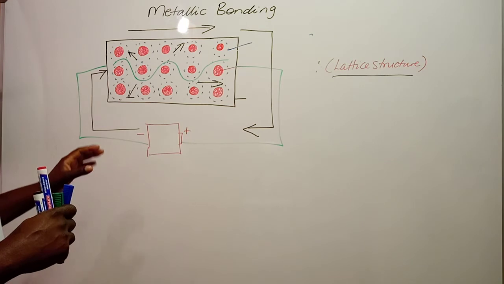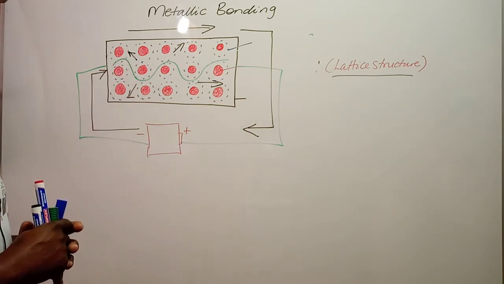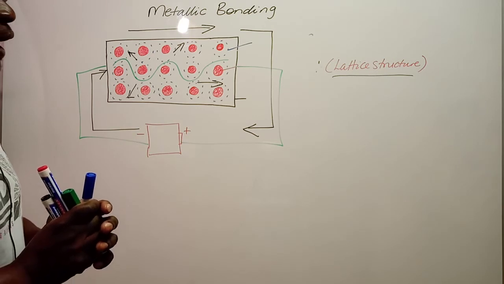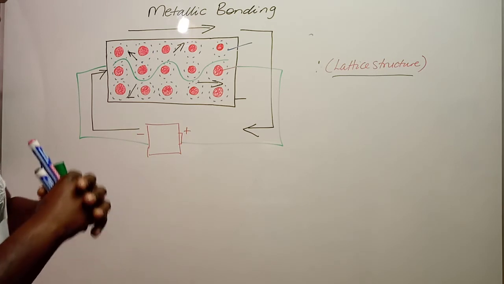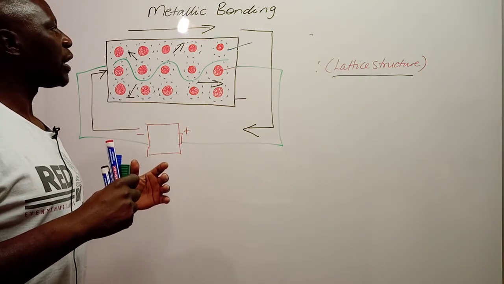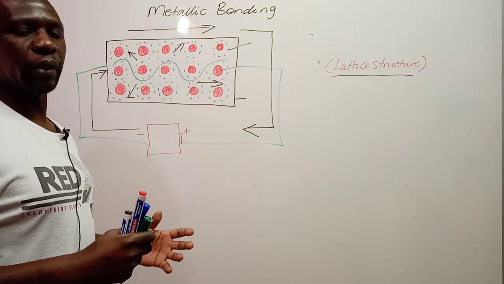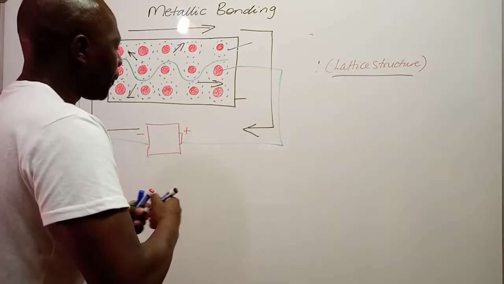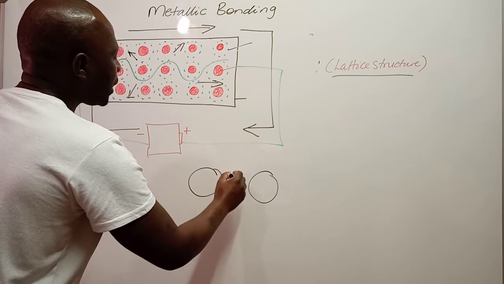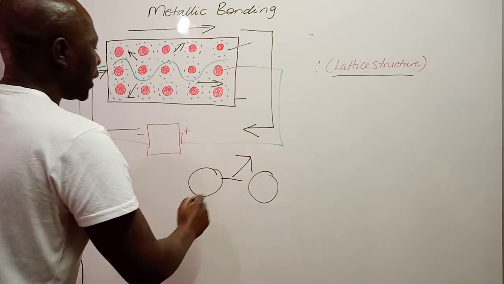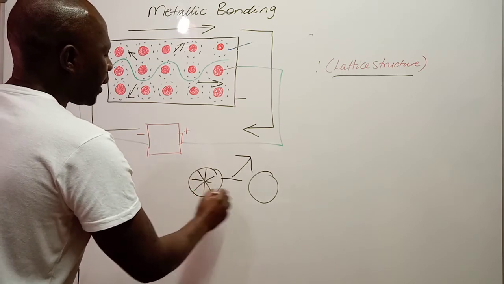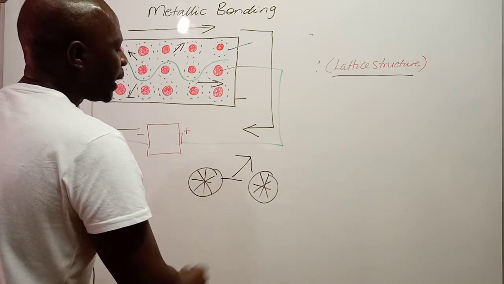So these electrons, they still exist and will still be contained, and they allow themselves to be forged into any shape. So no matter the shape that a metal is forced into, the electrons still exist.